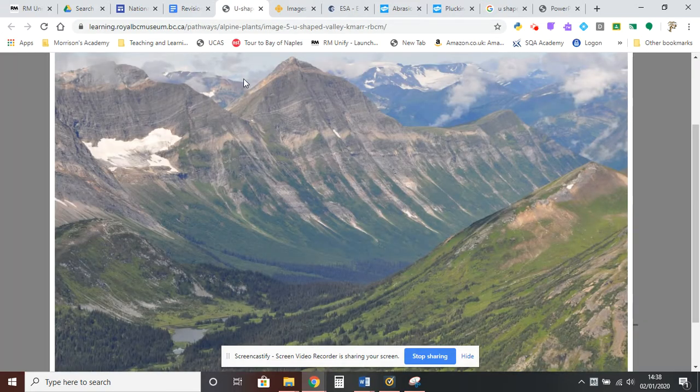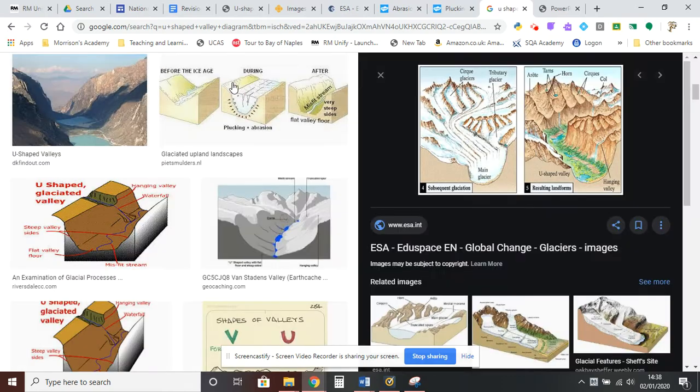Okay, the first thing you've got to think about when answering this question is how does it all start? And in this case, our feature doesn't start as a U-shaped valley like we see here. It actually starts as a V-shaped valley. So I'll show you quickly what that looks like.